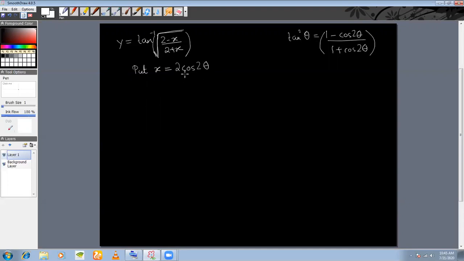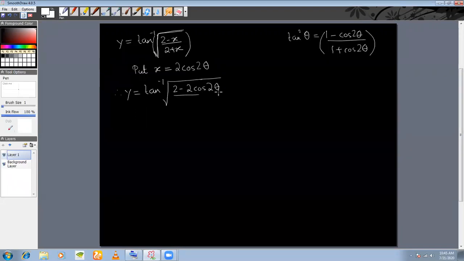Why did I put this 2? See what happens. Therefore, y is equal to tan inverse root of (2 minus 2 cos 2 theta) by (2 plus 2 cos 2 theta).